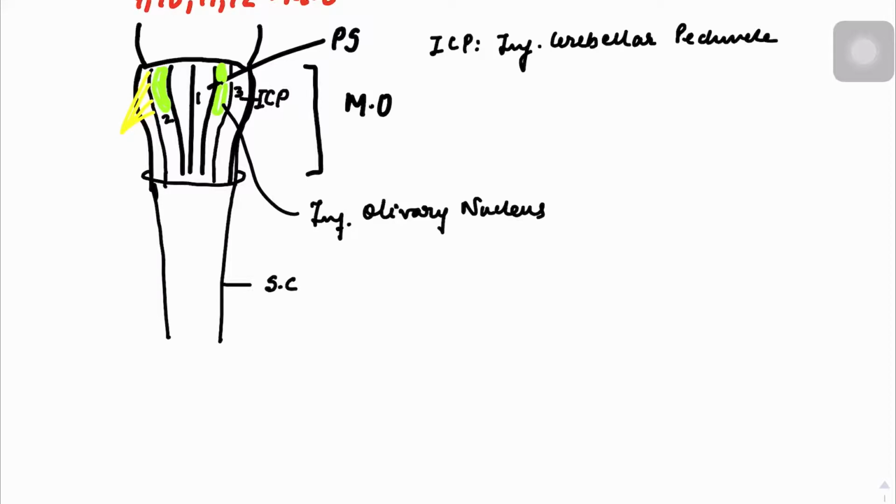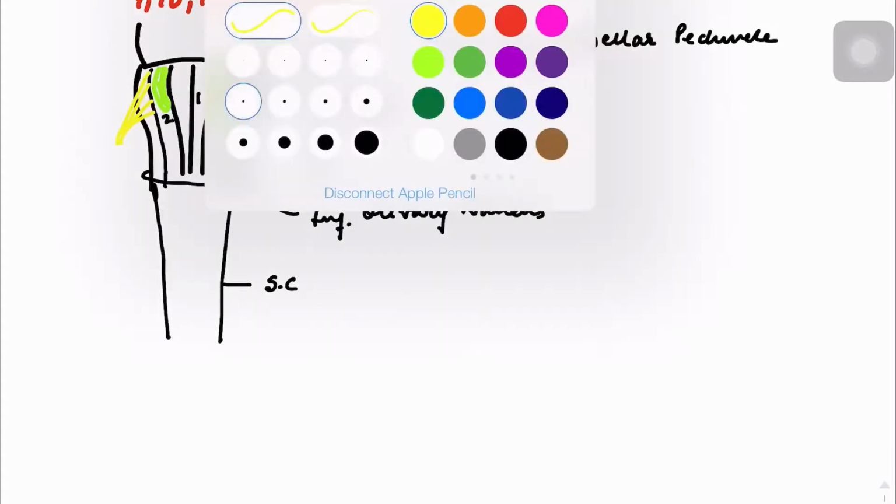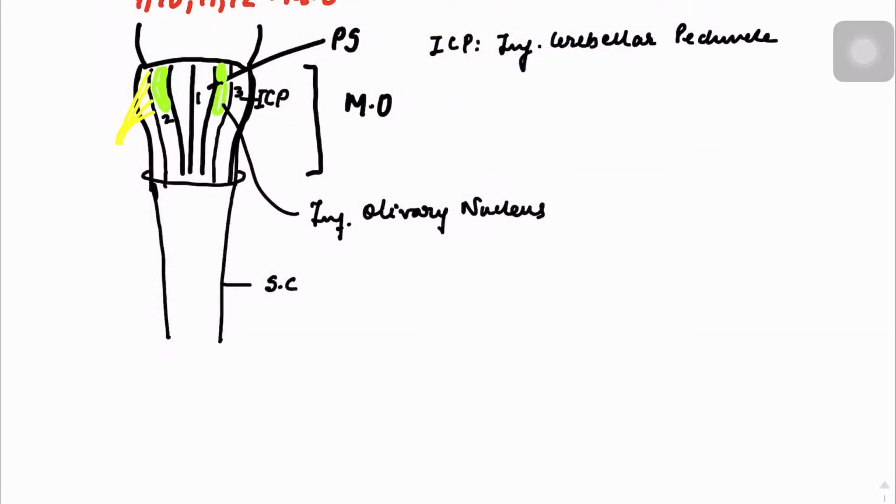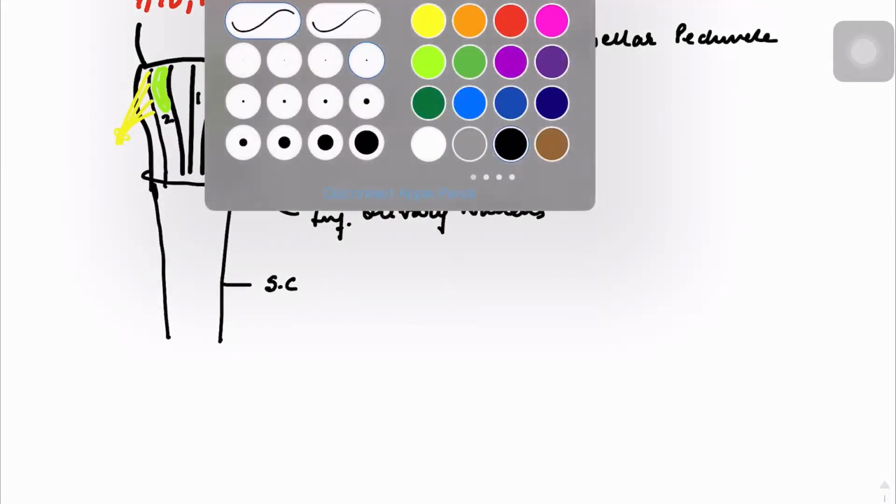So these are the nerve fibers originating and forming the glossopharyngeal nerve. So let us say I label them as the 9th cranial nerve. Okay, so this bundle is the 9th cranial nerve.